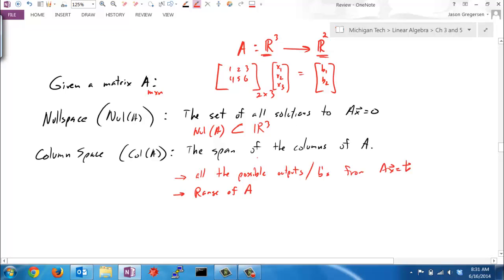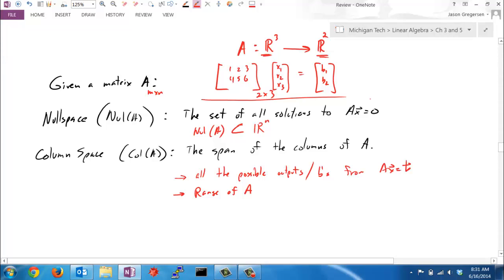Or in general, if this is an M by N, it's a subspace of R what? M or N? N. That's right. We write out our example, and the example tends to make sense, but the M's and N's don't. It's easy to get backwards.